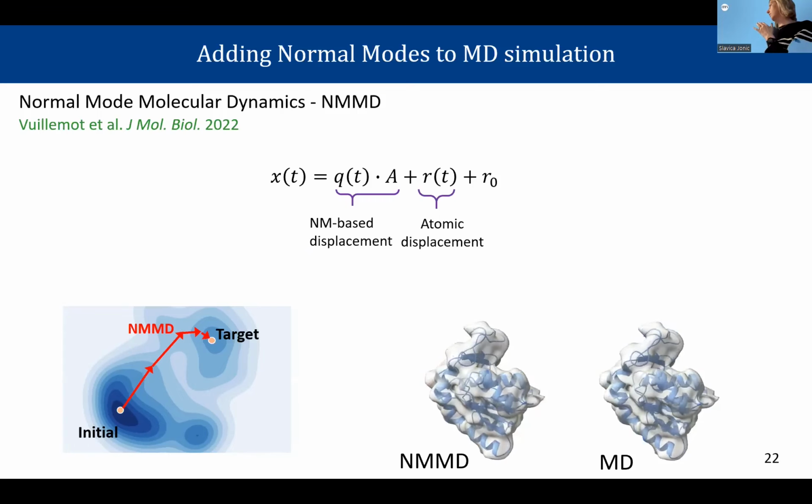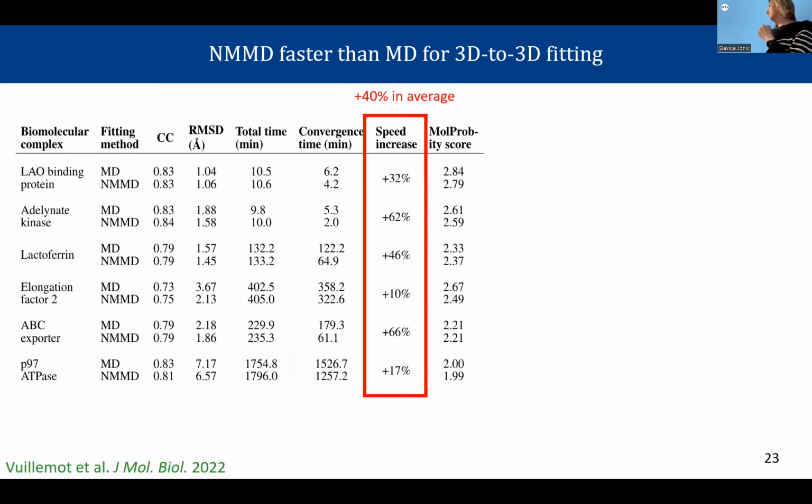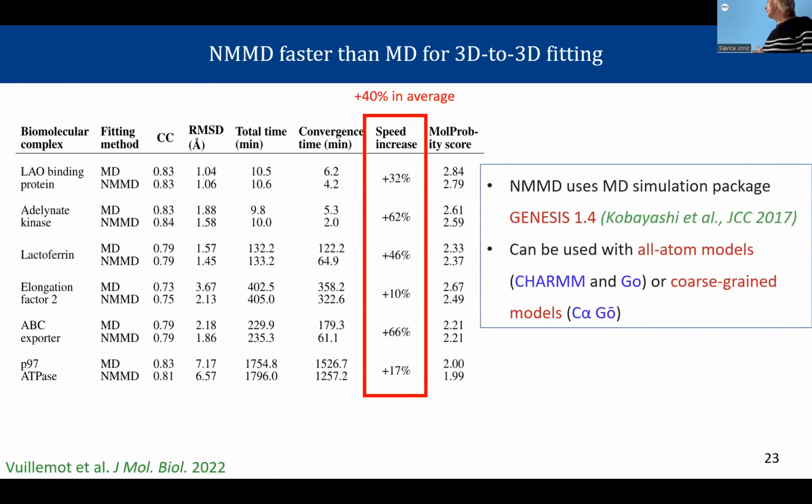I don't know if it was obvious, but this one was a little bit faster. He also measured this systematically. He analyzed 6 complexes from very small to very big, and showed that this combination is faster by around 40% on average.